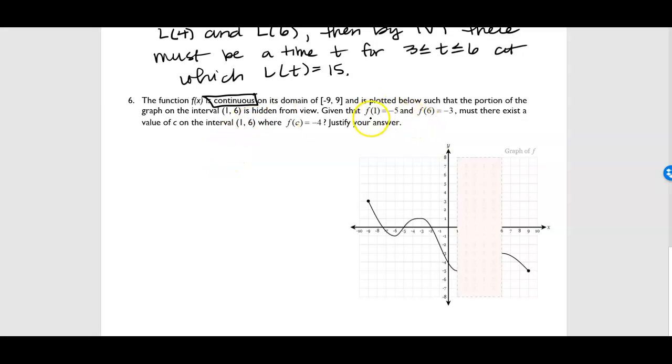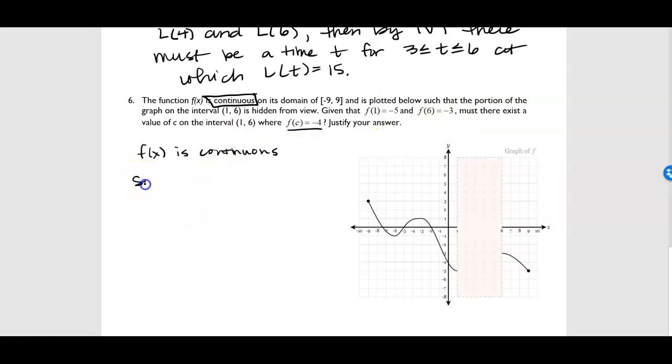It tells me that f of 1 is -5, which I can see on the graph, and f of 6 is -3, which I can also see on the graph. Must there exist a value of c on the interval where f of c equals -4? So I'm going to check f is continuous because it tells me so. And then I'm checking, is -4 between -5 and -3? It is.